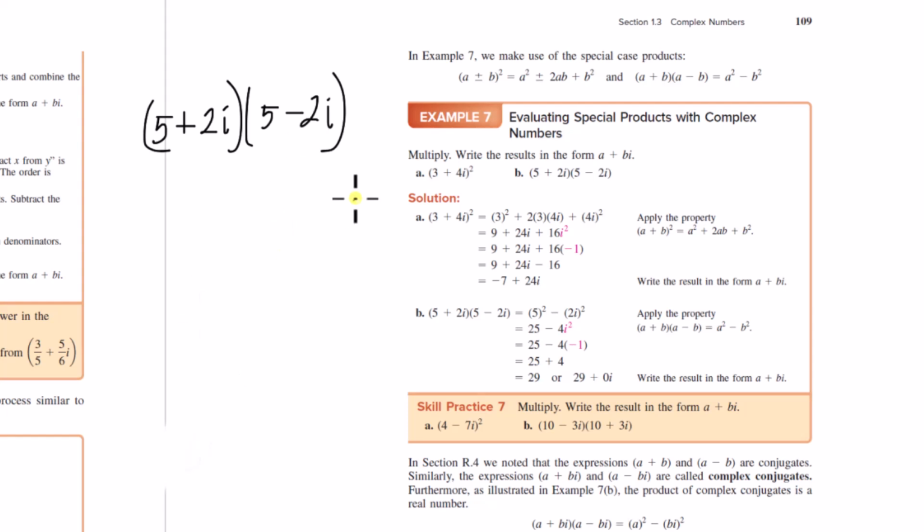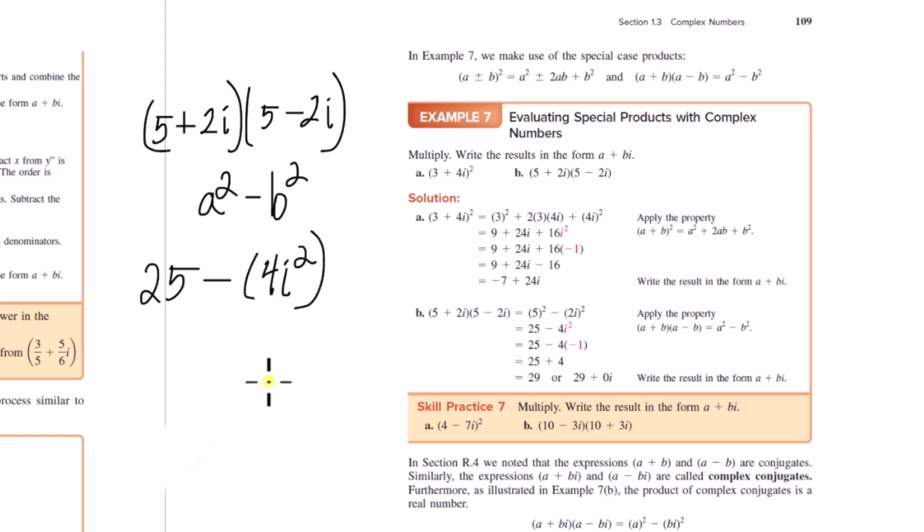What we saw here was that what you get when you multiply conjugates is this difference of squares. So why is this interesting? It's interesting because a squared is 25. What is b squared? That's 4i squared. Okay, i squared is negative 1. Well, look, we get a pure real number. We multiply two complex numbers and we get a pure real number.